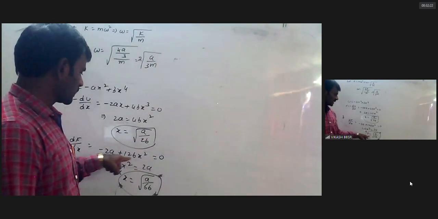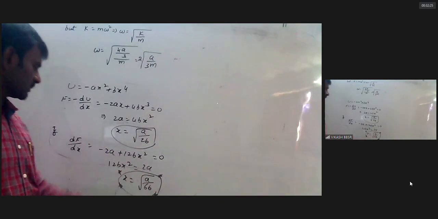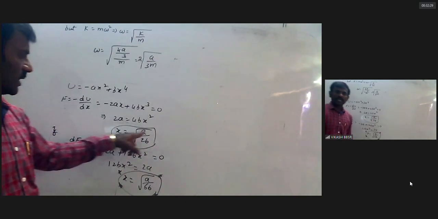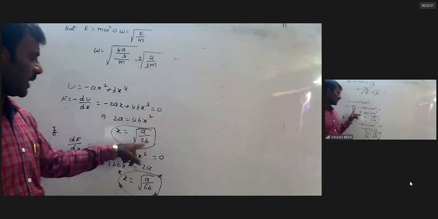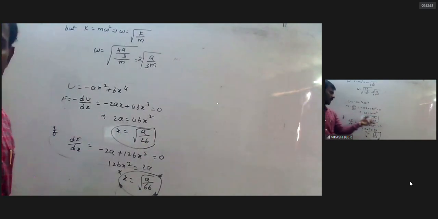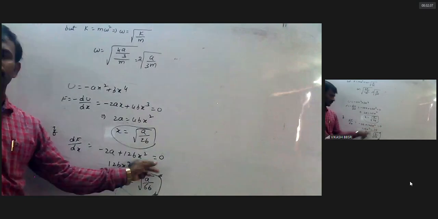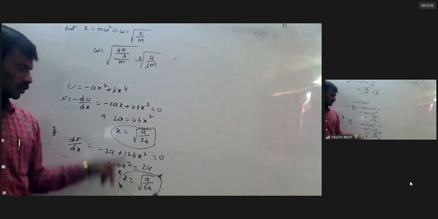For this, x is equal to root of a by 6b and x is equal to root of a by 2b. For stable equilibrium, f is equal to 0 for minima as well as df by dx also equal to what? Two values: x is equal to root over a by 2b and x equal to root over a by 6b.